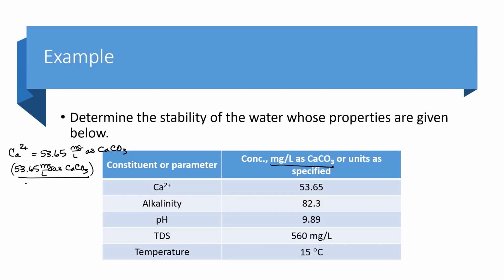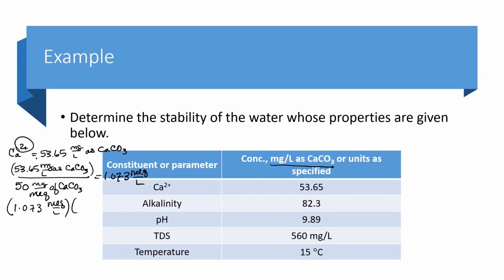We're going to divide by the equivalent weight of calcium carbonate, and that is equal to 1.073 milliequivalents per liter. We need molar units, so we have 1.073 milliequivalents per liter.